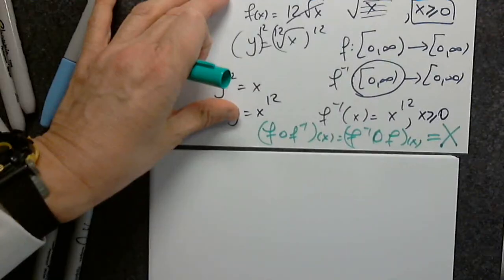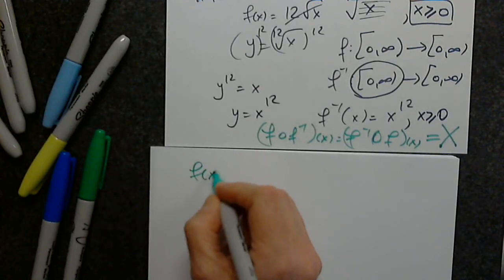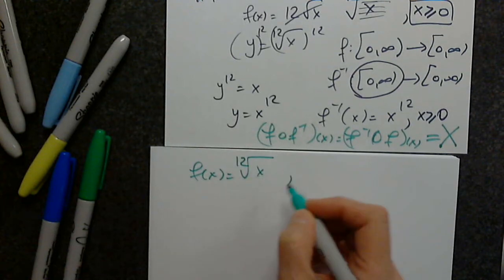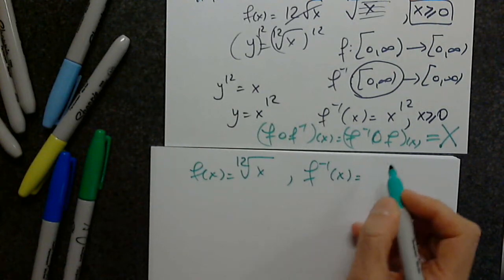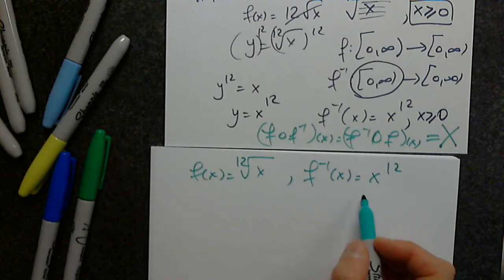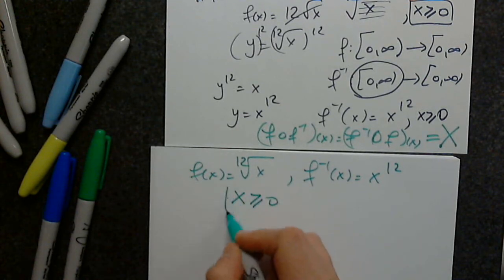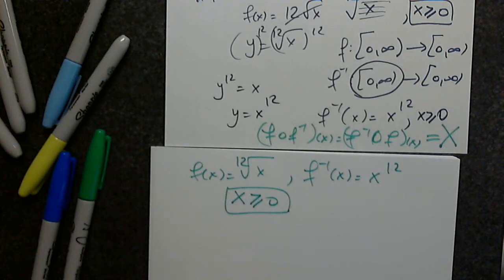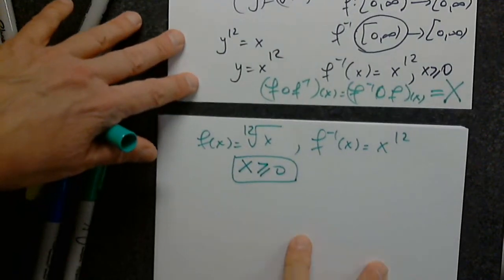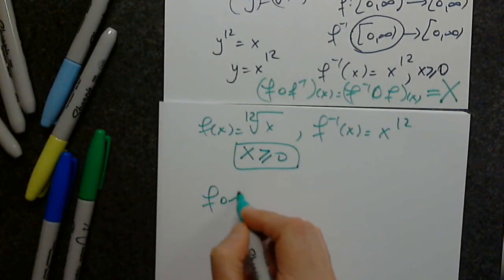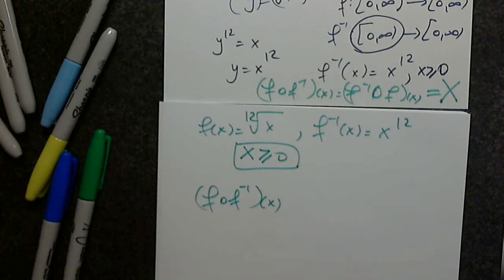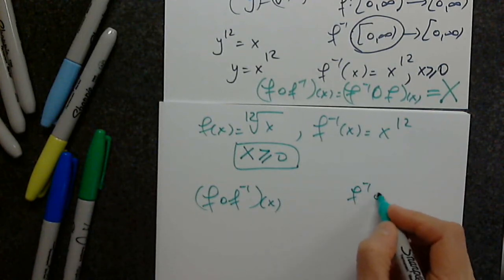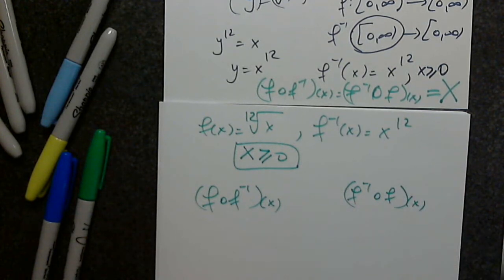So let me summarize. We have f of x, which is the 12th root of x. We now know its f inverse is x to the 12th. It happens that both functions are defined for these values only. So now, would you like to check f comp f inverse? Or would you like to check f inverse comp f of x? Which one?